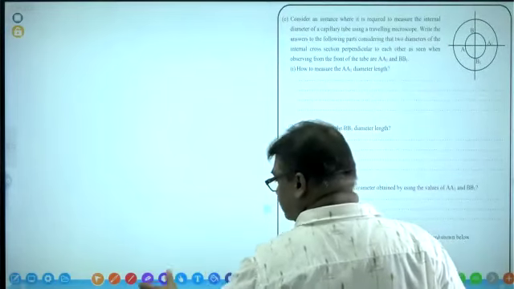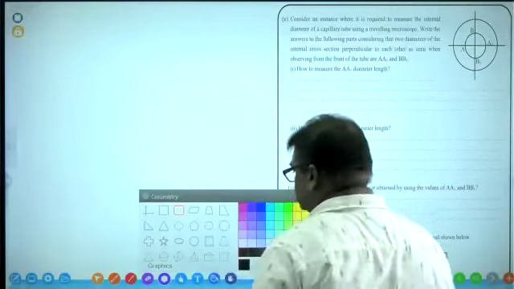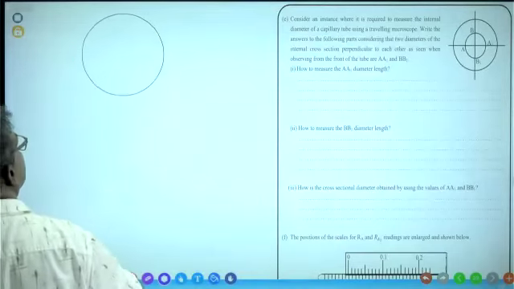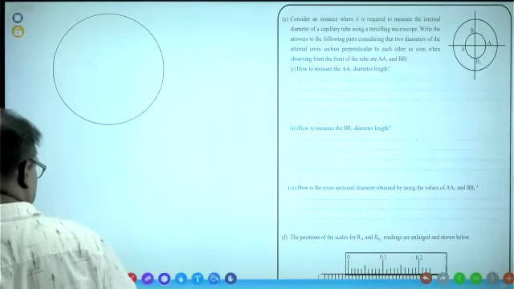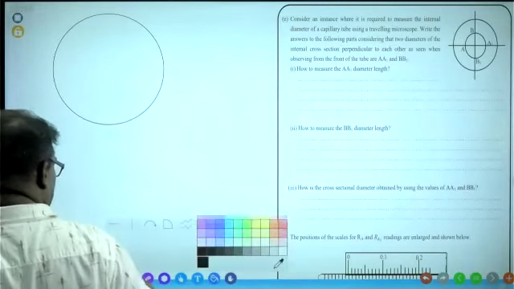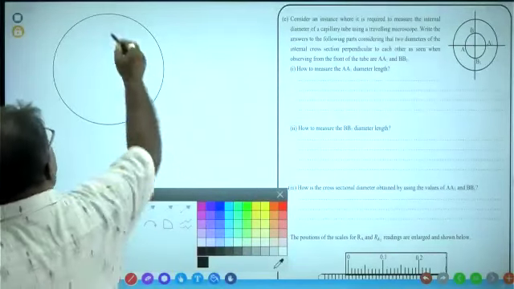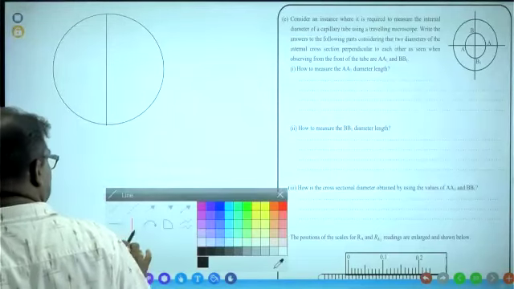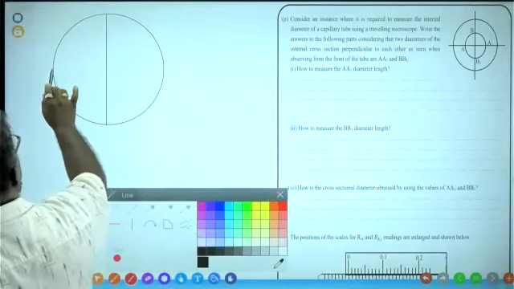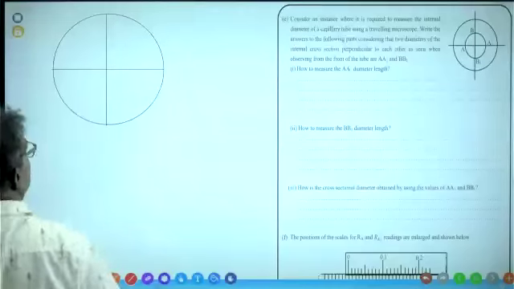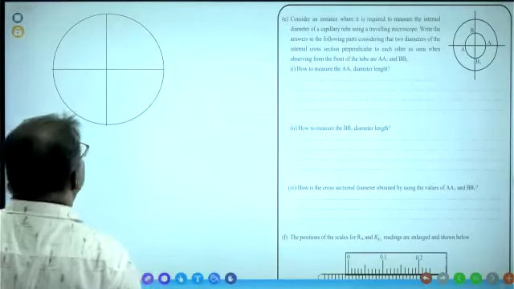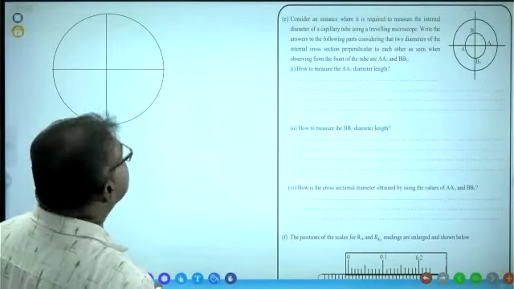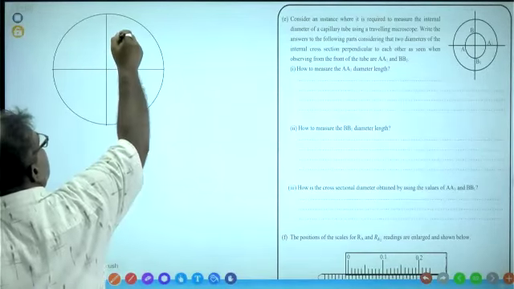Okay, let's see the process. Here we have the location of the cross wire. This one is the cross wire. Then we need to measure the internal diameter like this.